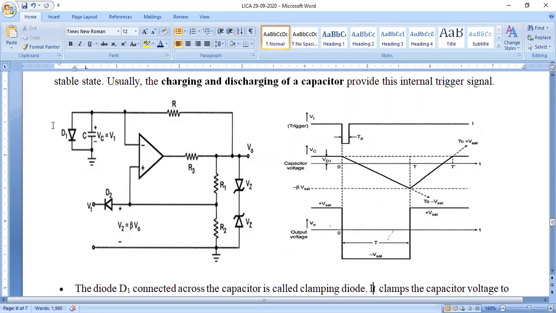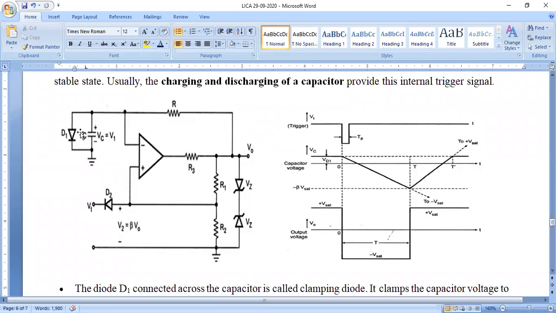With the help of these four diodes, we will produce this negative shot, or this negative pulse. If we observe the operation, this diode D1 is connected across the capacitor. This diode will act as a clamping diode.